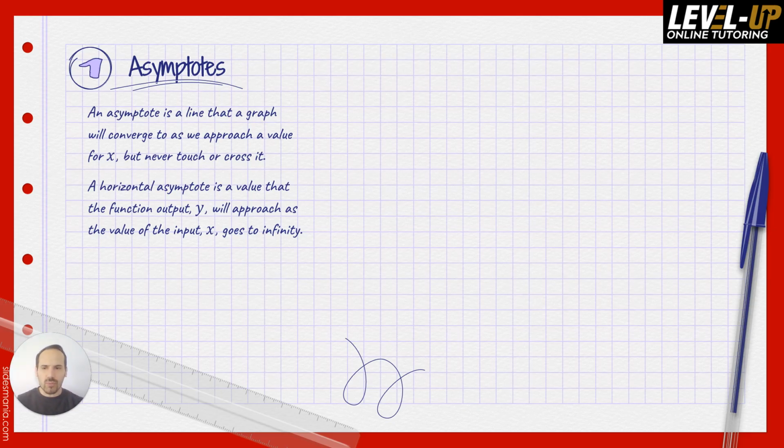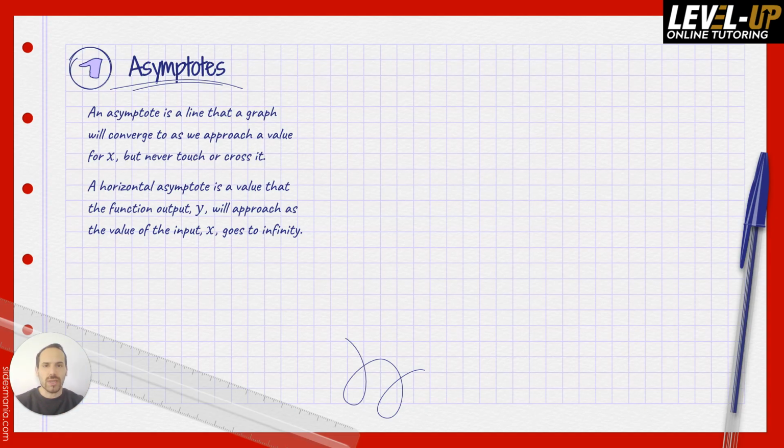And we get two different types that we will be dealing with. We have horizontal asymptotes, which occur horizontally on a graph. So, as we're going far along the x-axis to positive infinity and far in the other direction to negative infinity, how does y behave? Does it just keep going up and up forever or keep going down? Or is there an asymptote? Does it converge towards a particular value?